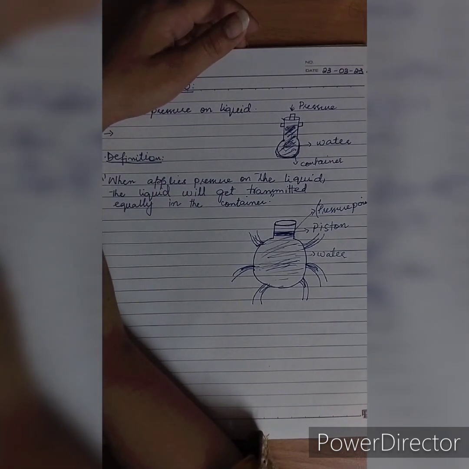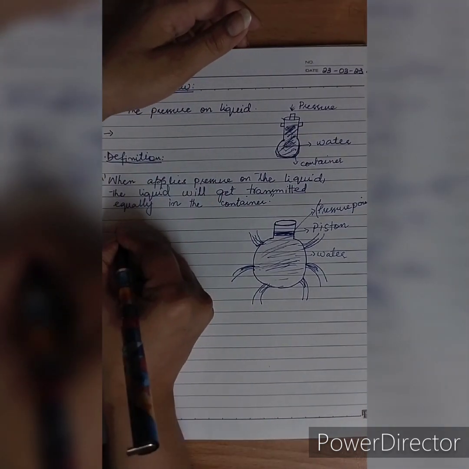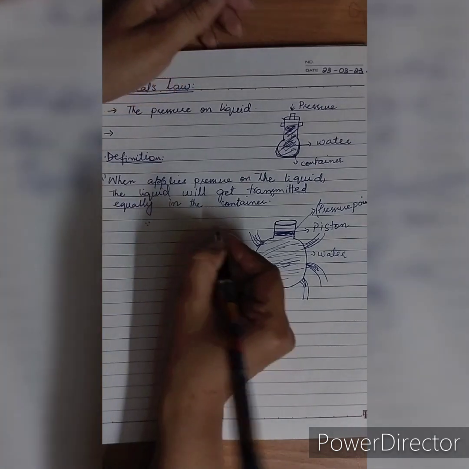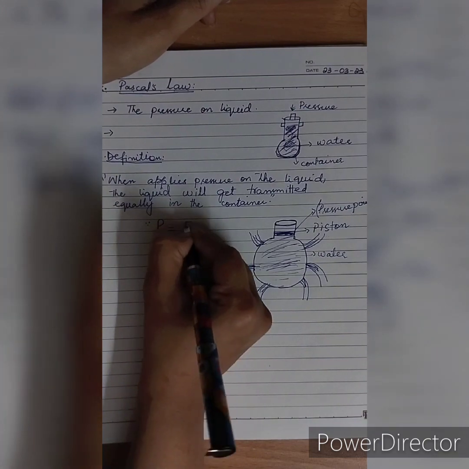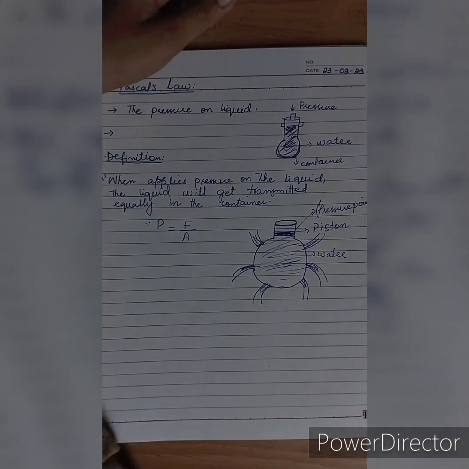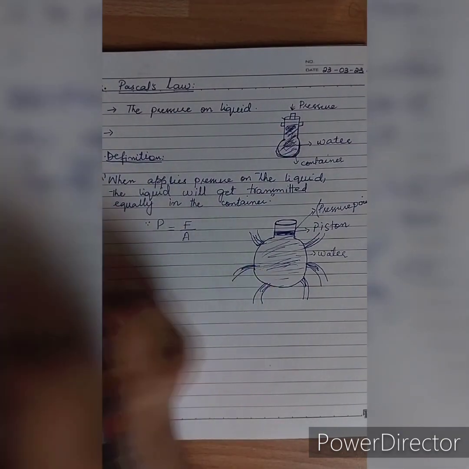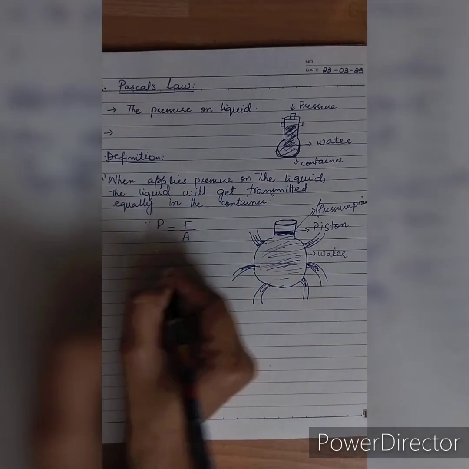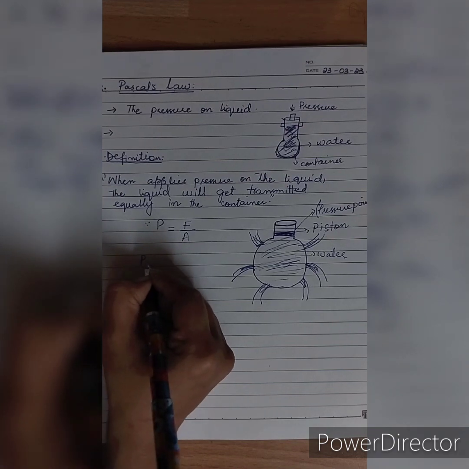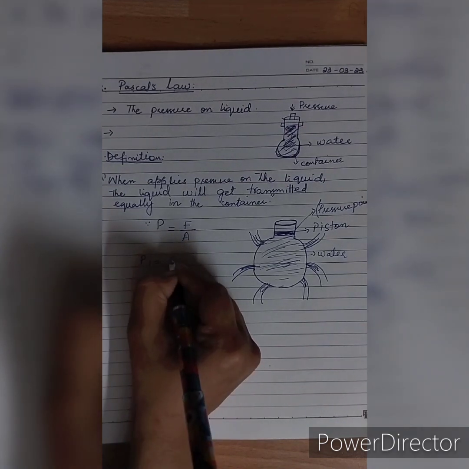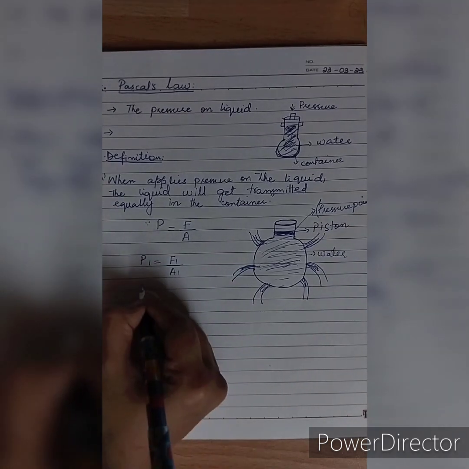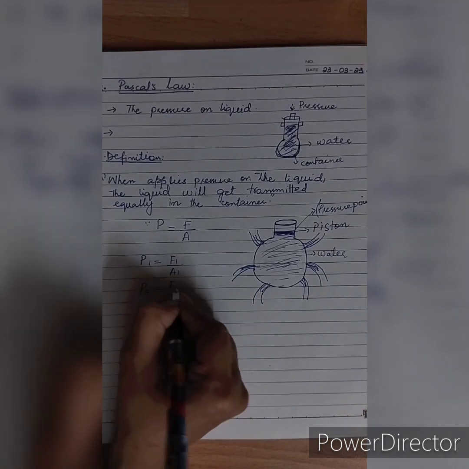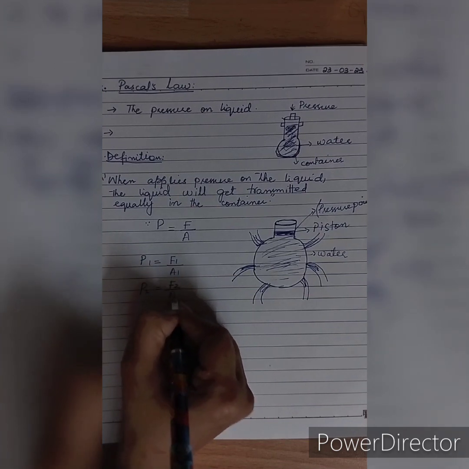Now look at the equation of Pascal's law. We already know that P is equal to force per unit area. So P1 will be equal to F1 upon area 1, if you are considering the first one, and P2 will be equal to F2 upon A2.